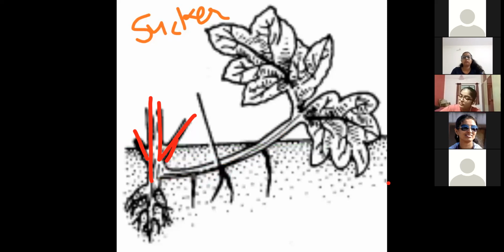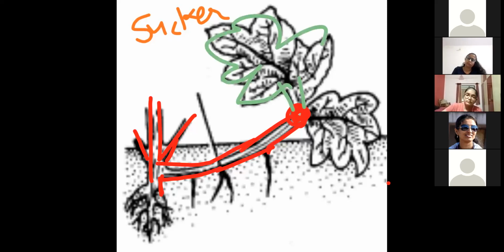One more time. This underground branch grows horizontally, then obliquely, and comes upward from the soil surface. The part which comes outside, the shoot system is developed, meaning on that the leaves, fruits, flowers are formed. The part which is embedded in the soil forms a root system, right?